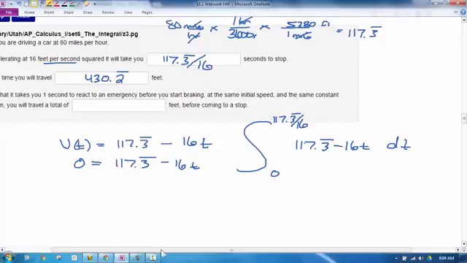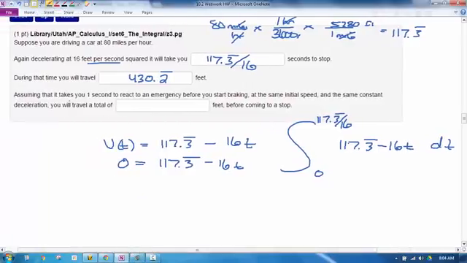And then the next question says, assume it takes you 1 second to react to an emergency before you start braking. Well, you want to take the distance that it takes you to stop and add on the distance you go in that 1 second, where the speed we were traveling was 117.3 repeating times 1 second, because distance equals rate times time.